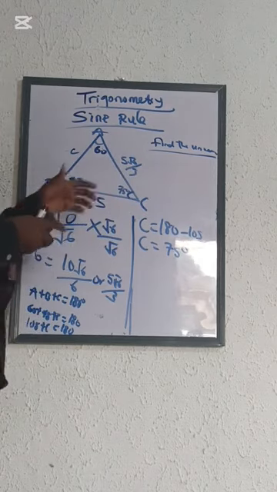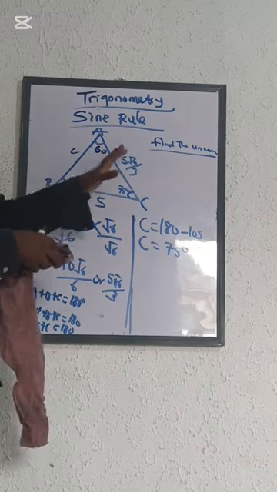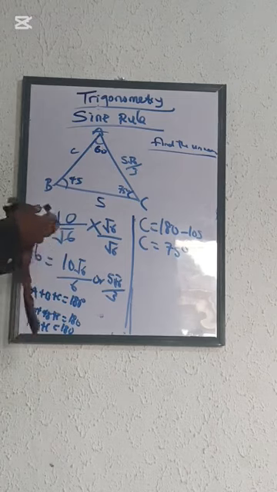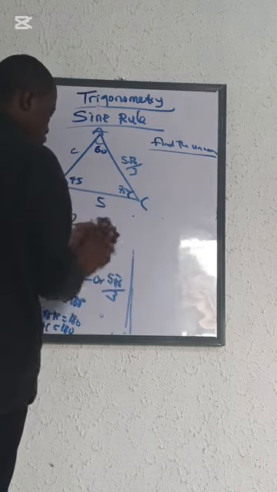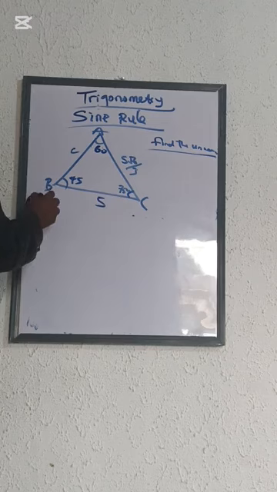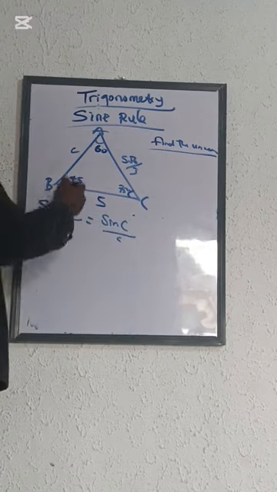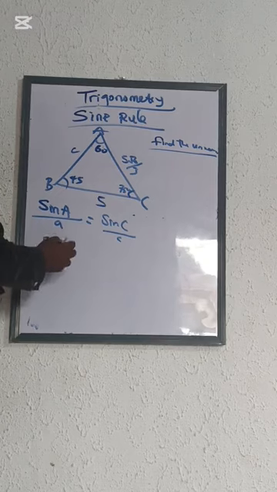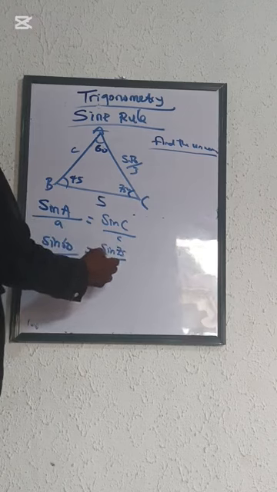You can get a specific value if you use your calculator. You get a decimal value, but it is 5 root 6 over 3. Now, how do we get c? It's simple, right? This time around, we're using sine A over a equals sine C over c. Sine 60 over 5 equals sine 75 over c.